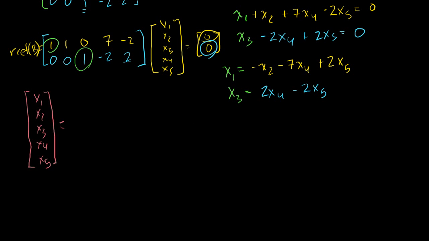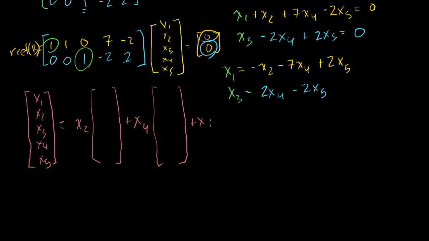The free variables are x2 times some vector right there, plus, what is x3? No, x3 is not a free variable, plus x4, that's my next free variable, times some vector, plus x5 times some vector. And what are those vectors? Well, let's see.